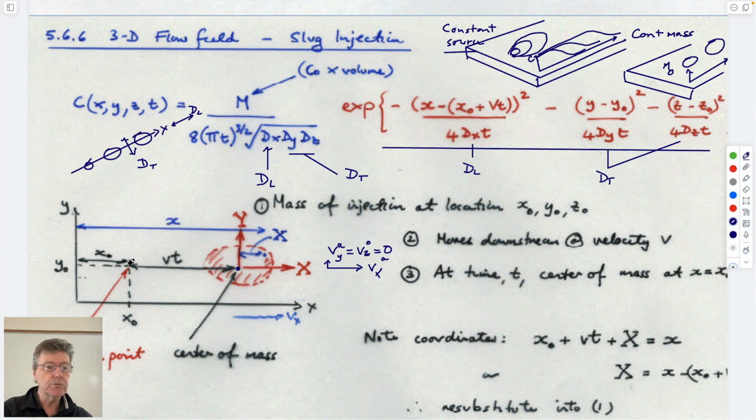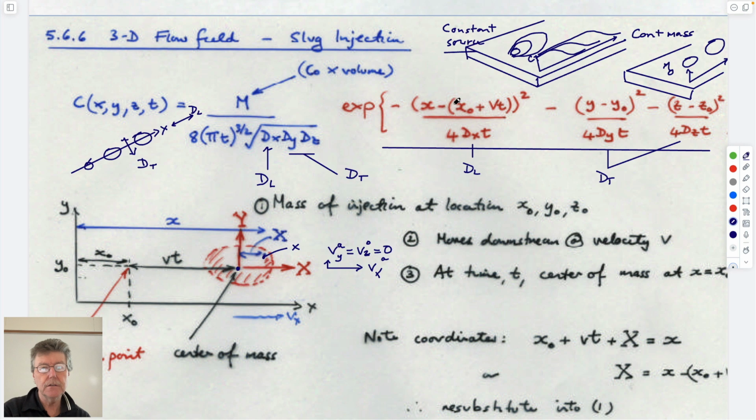And so x0 is a static location, where it starts, and then it travels downstream from that. And so this relative coordinate is the coordinate you find yourself here. So this would be lowercase x.